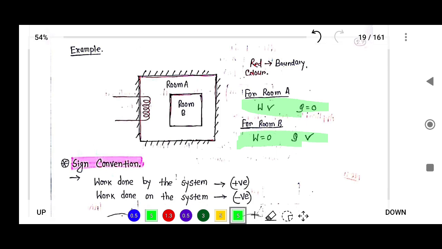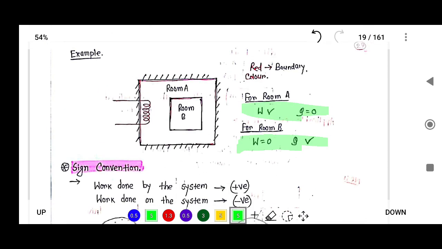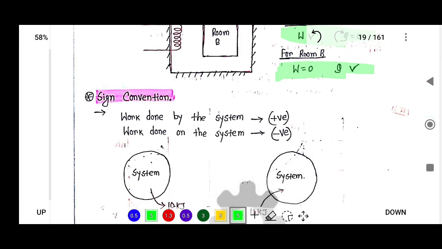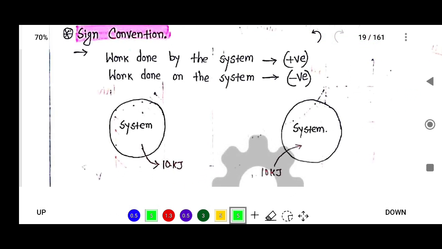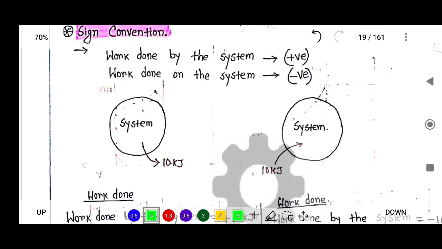Now let's try to understand the sign convention of work. Remember this: work done by the system is positive and work done on the system is negative. Consider this is a system, and the direction of this work is going out from the system.